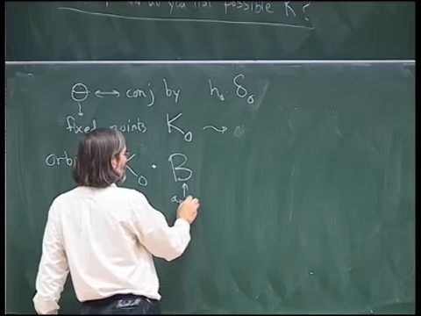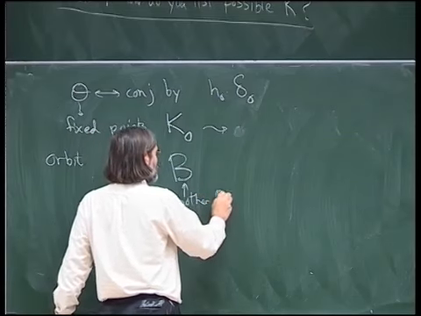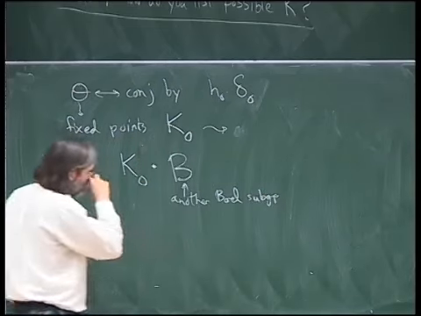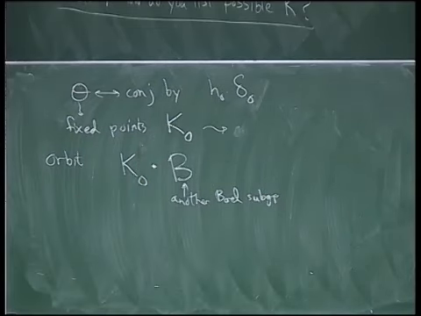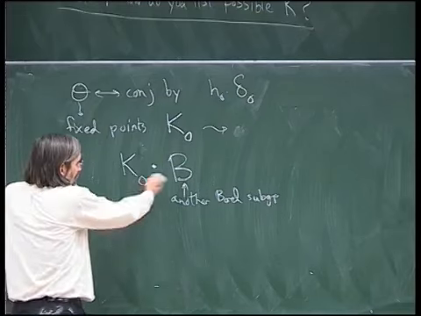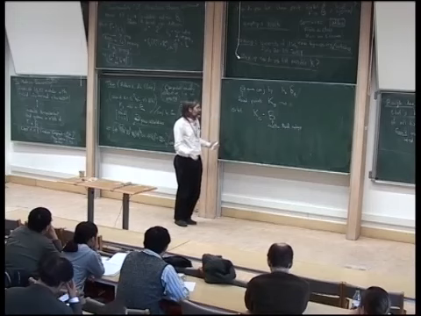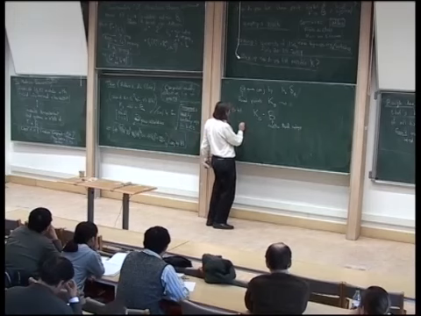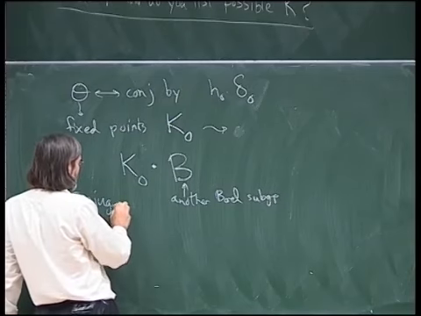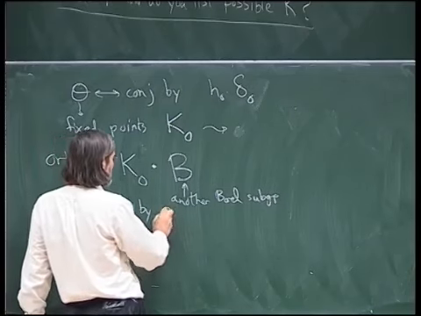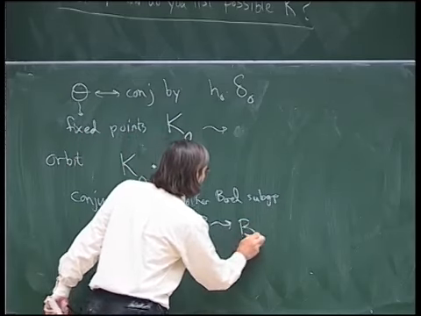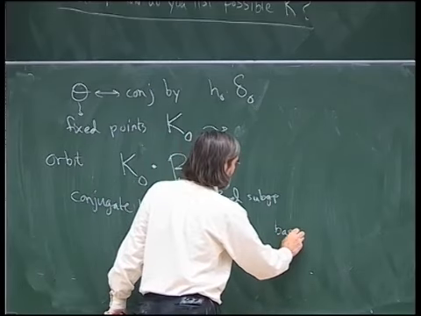So this is another Borel subgroup. And what I want to understand is this orbit. So what I do is I conjugate by G. I conjugate B back to this sort of base Borel subgroup.